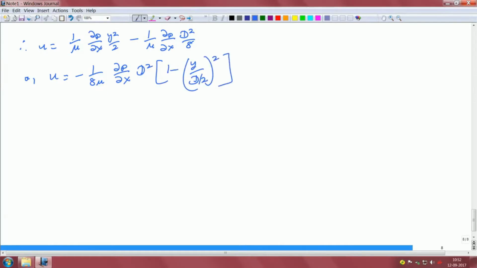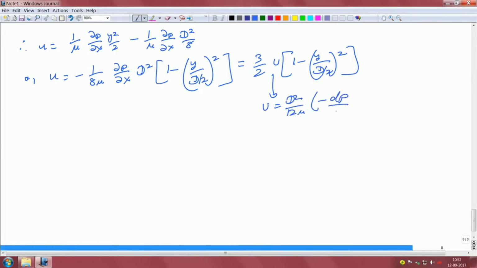Okay, got it? This can be further represented as something like 3 by 2 U (1 minus (y by d by 2) square), where this U is written as d square by 12 mu times minus dp by dx. There is only one pressure gradient, so instead of partial, you can write it as an ordinary differential as well.